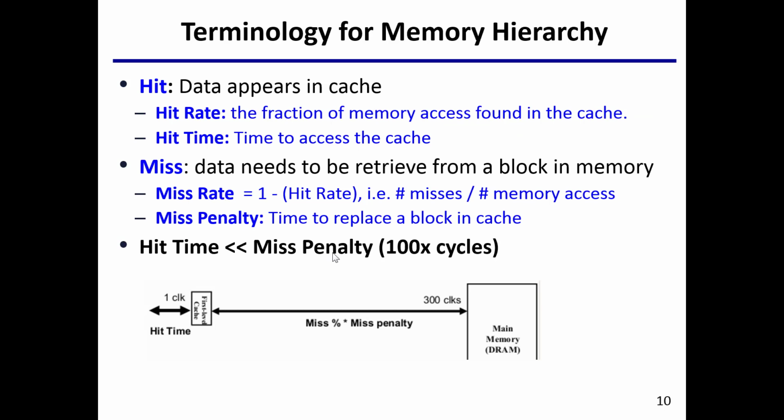So there's two terms that you have to be familiar with, a hit and a miss. A hit is when the processor accesses a memory location with a load or a store, and the address that it's looking for, now keep in mind, this is based on addresses, not the contents of the address, but the address.